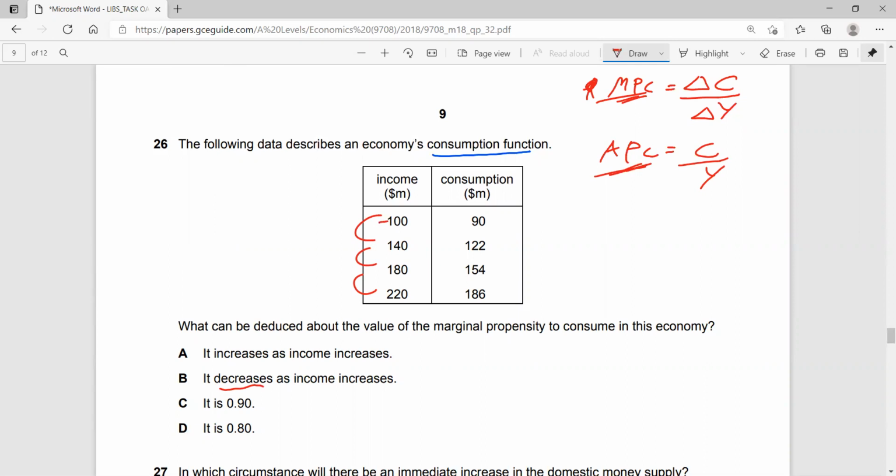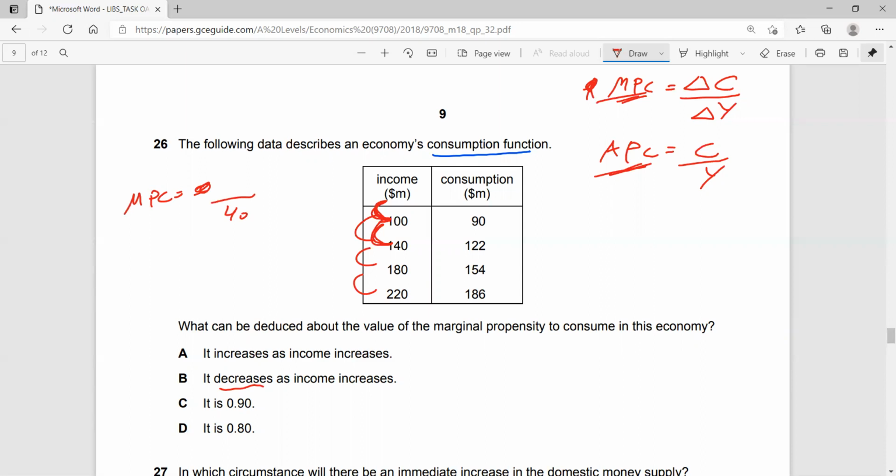So the first year, you can't calculate the MPC because you have no previous value to compare it with. So we're just going to look at this step. The MPC here will simply be the change in consumption over the change in income. The change in income is 100 to 140, so 140 minus 100, that's $40, like $40 million, whatever.